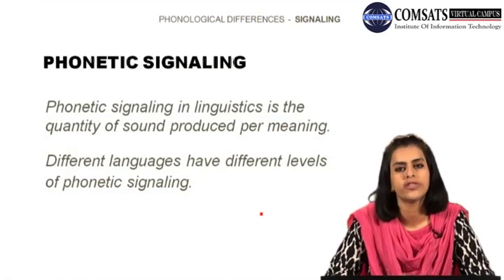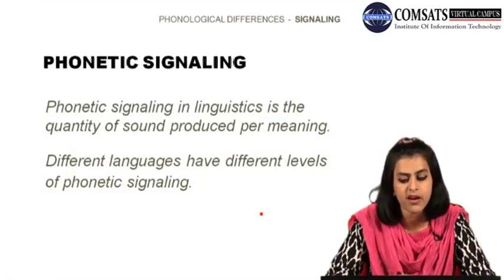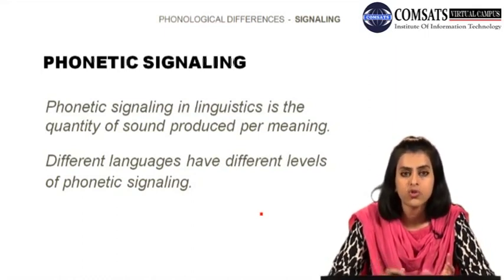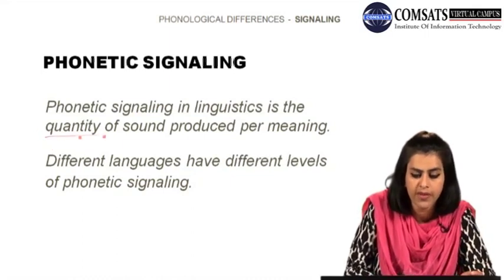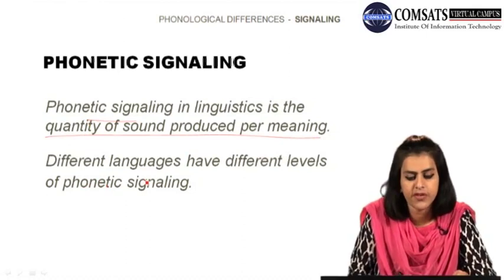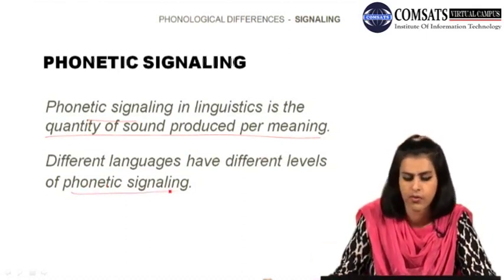First of all, talking about phonetic signaling. Phonetic signaling in linguistics is the quantity of sounds produced per meaning. Different languages have different levels of phonetic signaling, and we would particularly talk about the English language.